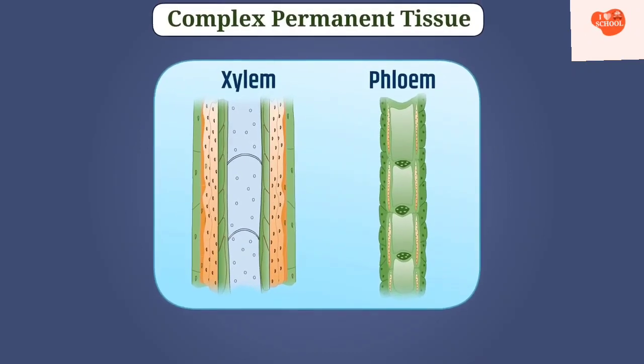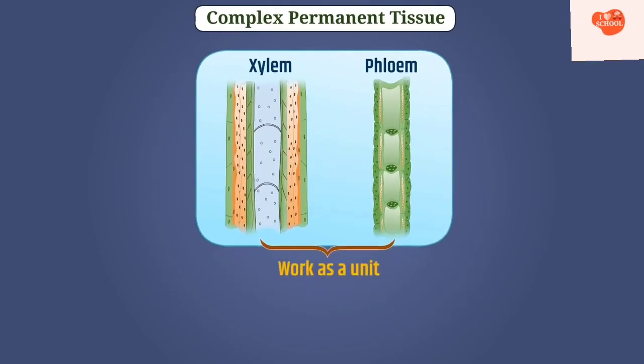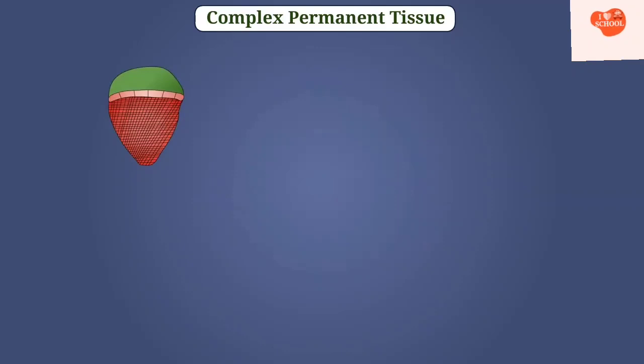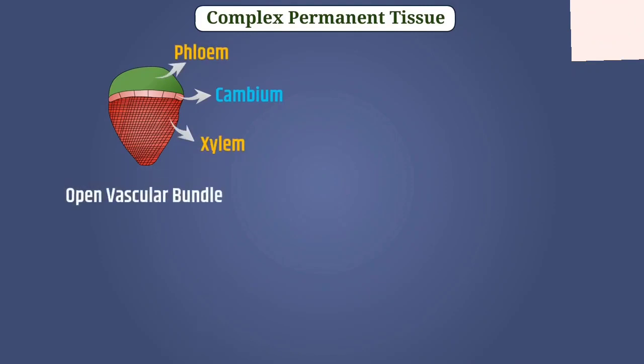In plants, xylem and phloem do transportation. These both together work as a unit and form a vascular bundle. That's why these are called vascular tissue. A vascular bundle in which cambium is present between xylem and phloem is called open vascular bundle.